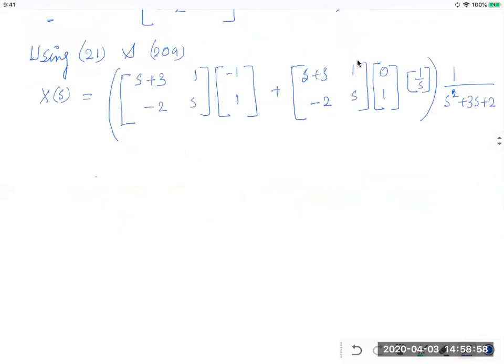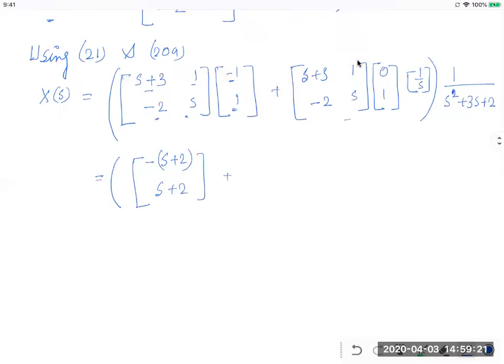So if we simplify inside the bracket, this into this plus this into this. So this will give you minus s plus 2, and the second element, this into this into this, so it will be s plus 2.